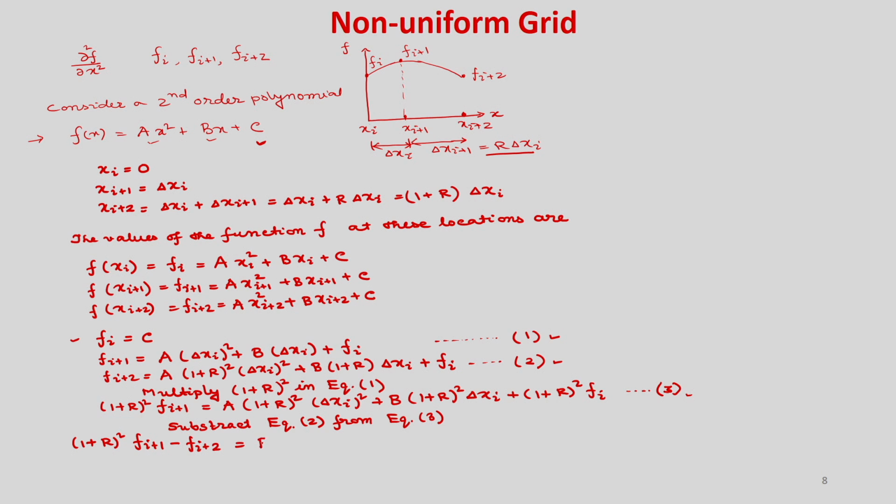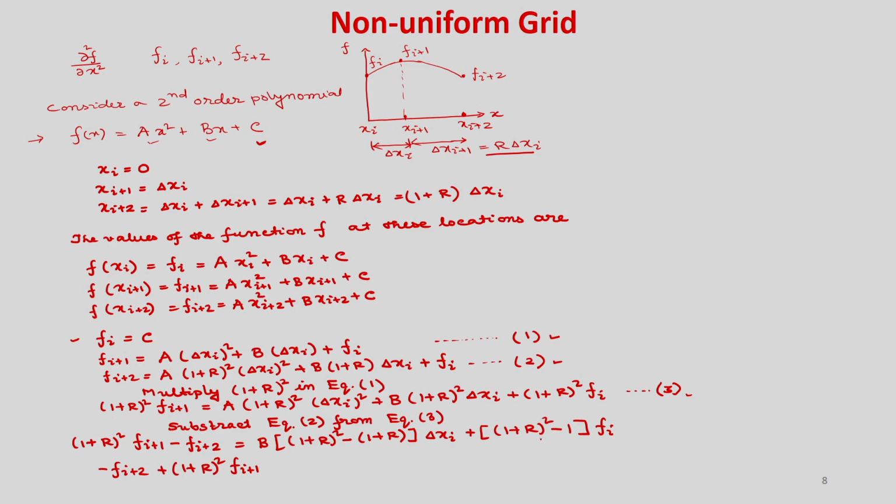Second term is b into (1 plus r) whole square minus (1 plus r), into delta xi, and you will get (1 plus r) whole square minus 1 into fi. Okay. So, you rearrange it. What will you get? Minus fi plus 2, I am writing first, plus (1 plus r) whole square into fi plus 1.